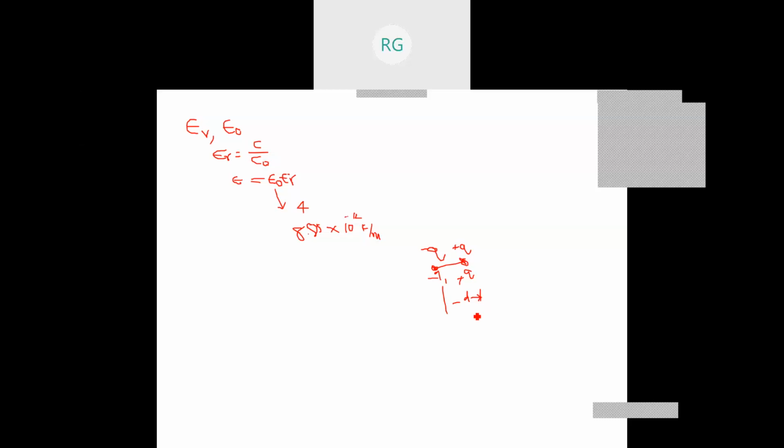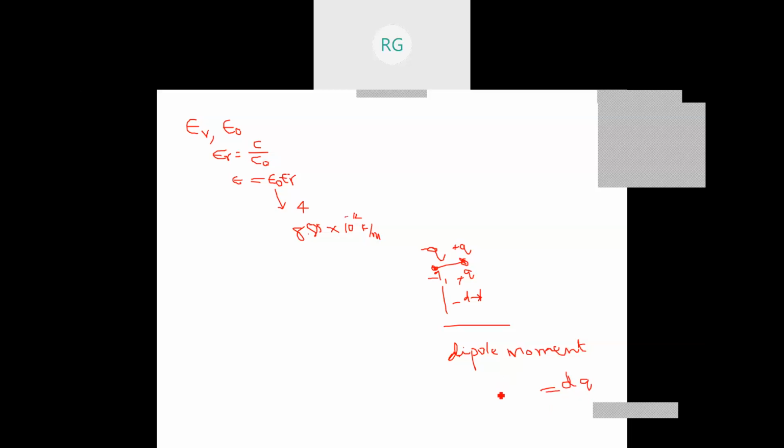Before keeping it in the external field, I define the electric dipole moment, called the dipole moment, as the product of either one of the charges, q, and the distance between them, d.